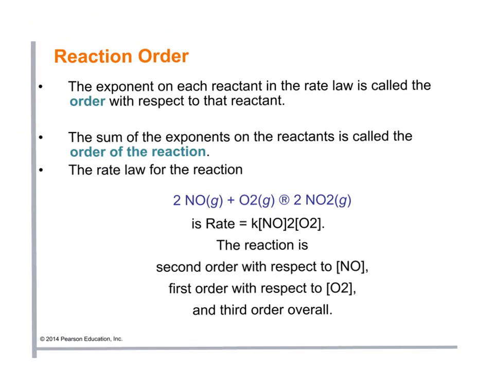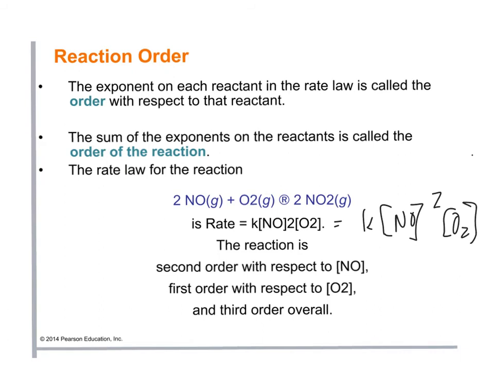So reaction order is determined again by the power in the rate law. This rate is written as k times the concentration of NO to the second power, times the concentration of O2.